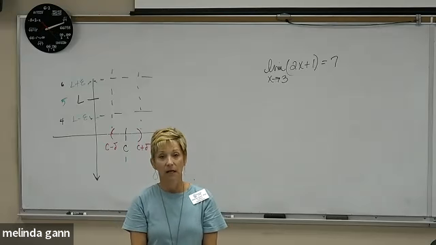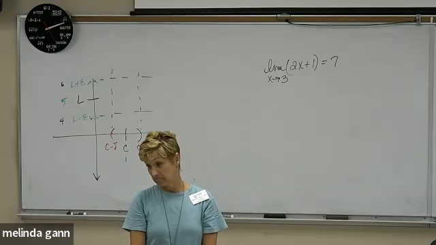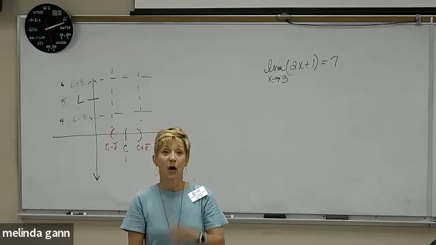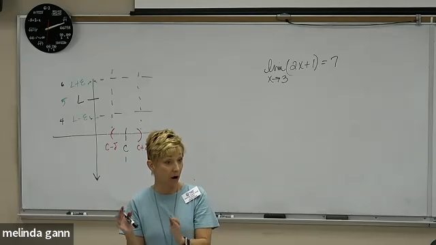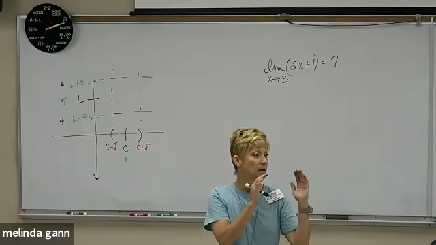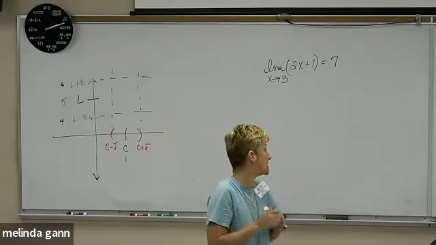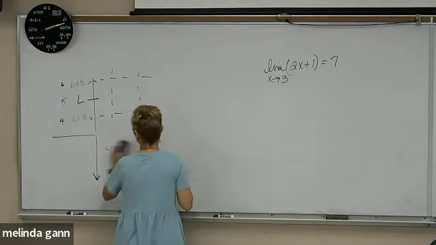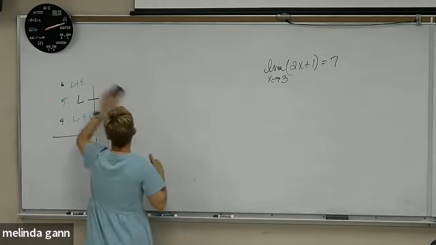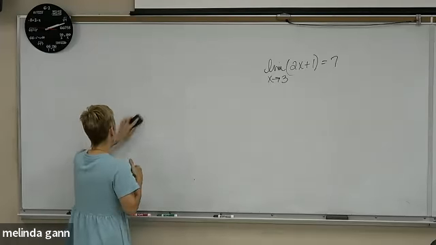Now, let me confess. I'm supposed to start with the epsilon part and go to the delta. In other words, it says for every epsilon, it says this. Now, let me show you this.